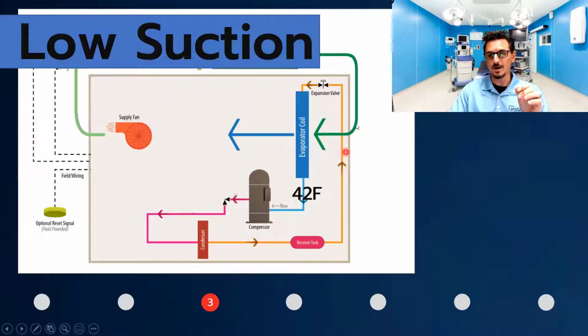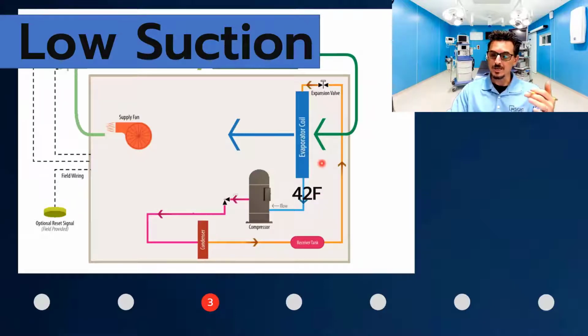As this load drops, you put less heat into the system, and this suction temperature will continue to drop and drop and drop, because the compressor is always running at 100% in a standard DX piece of equipment. So as this suction temperature drops, the equipment has to make the choice whether to turn the system off or to keep going and freeze up. And generally, it's going to turn itself off with the safeties.